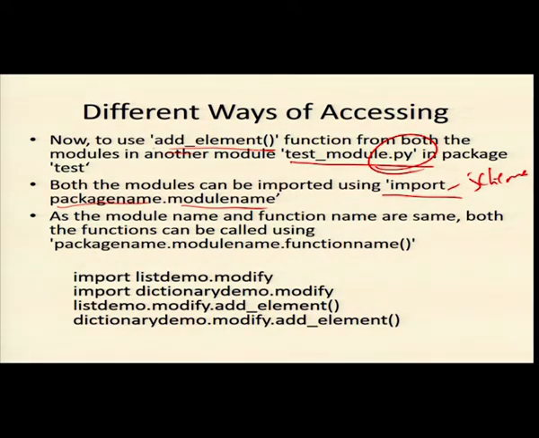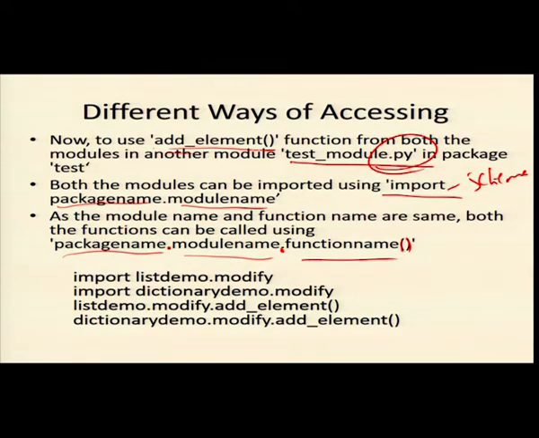How do I call the package? Through a project. So the schema of calling a function is package name dot module name dot function name, open and close braces. This demarcates that a function has been called.